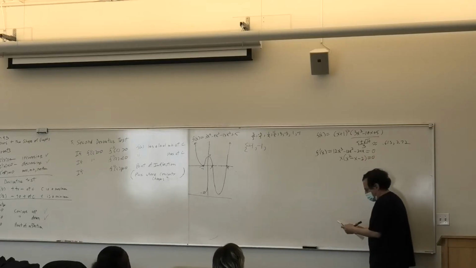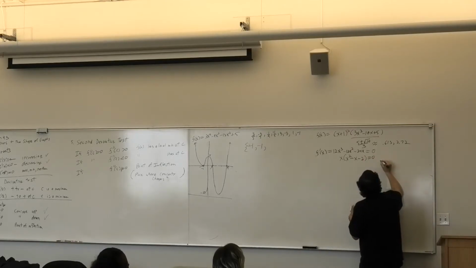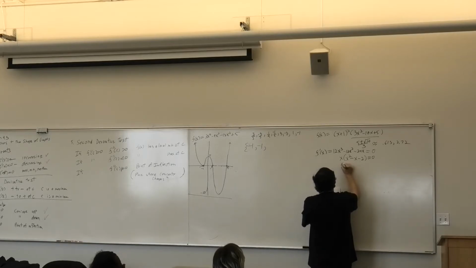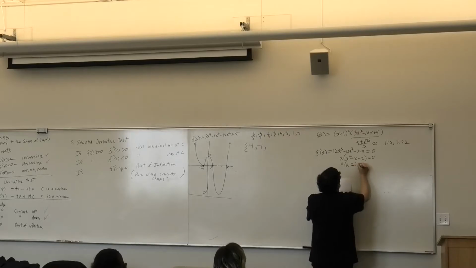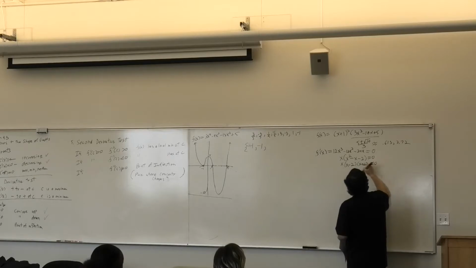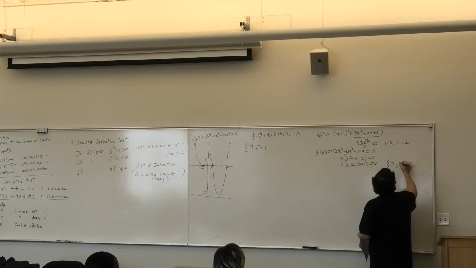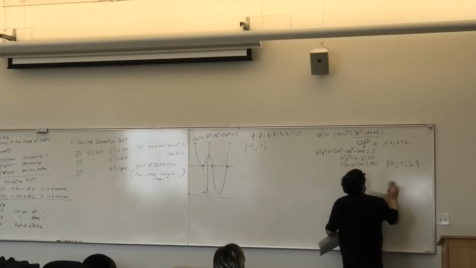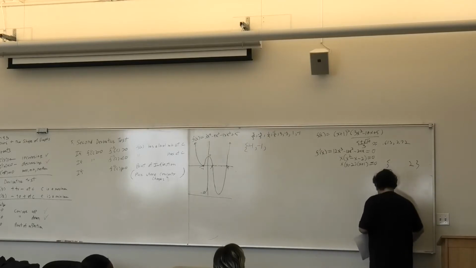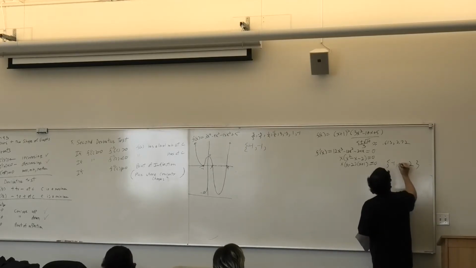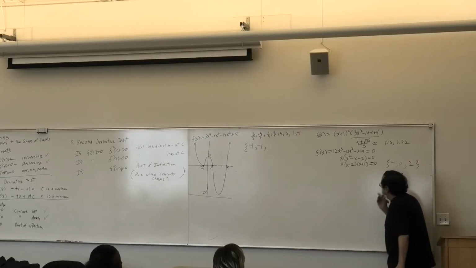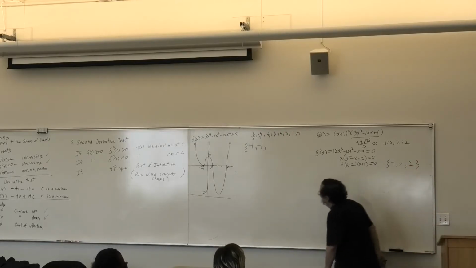Does that sound right? And that's x times (x minus 2) times (x plus 1). So the derivative is 0 at -1, 0, and 2. It might be better to put them in order. Okay, well, let's take a look.